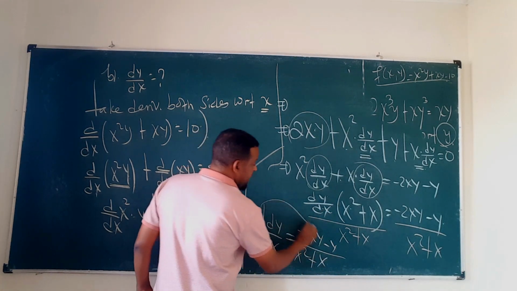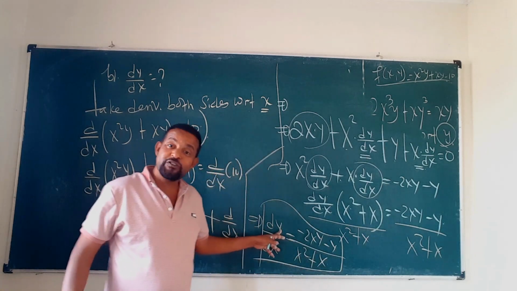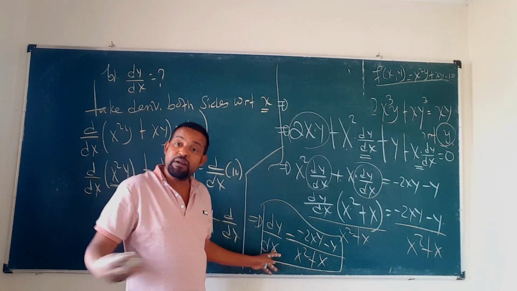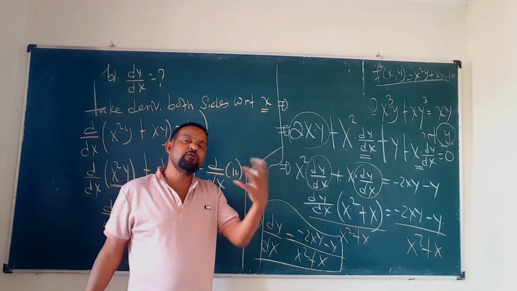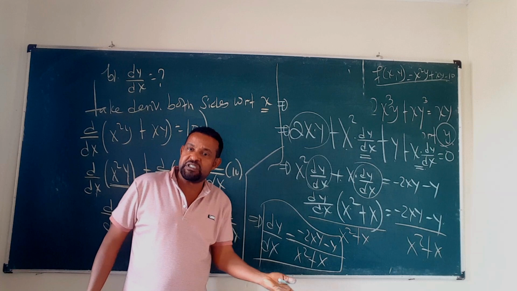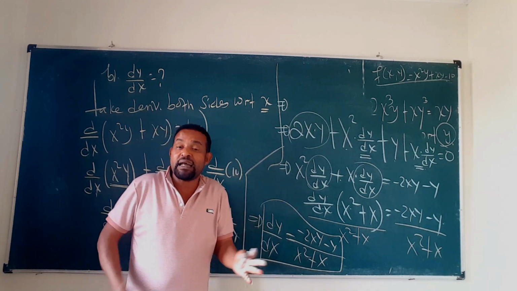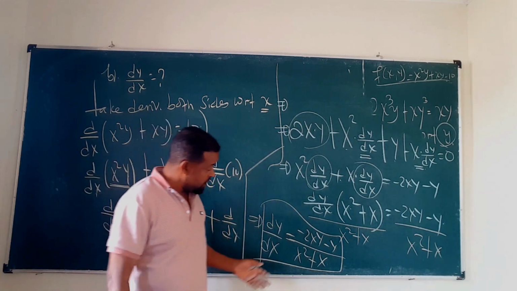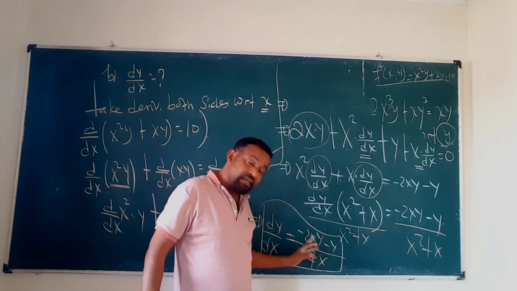This is the rate of change of y with respect to x. In a question, they may ask for the rate of change of y with respect to x at given points, for example when x is 3, y is this much, when x is 4, y is 1. In that case, substitute the values of x and y.